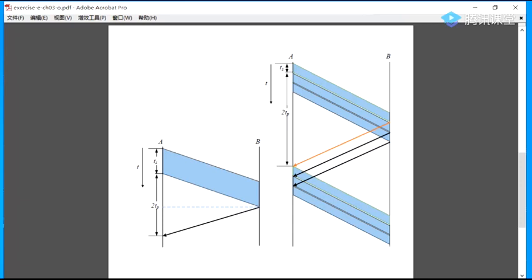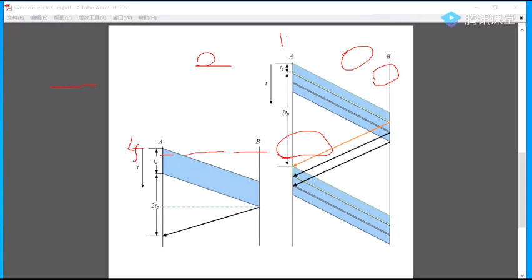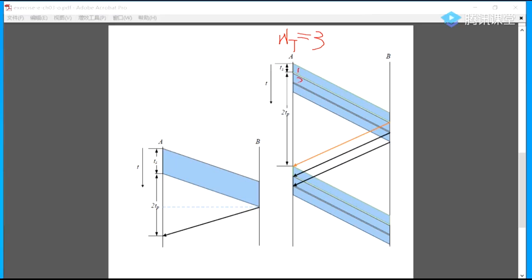So if the window size is WT, it means the sender A can send WT frames. Here we assume WT is 3, so 1, 2, 3.